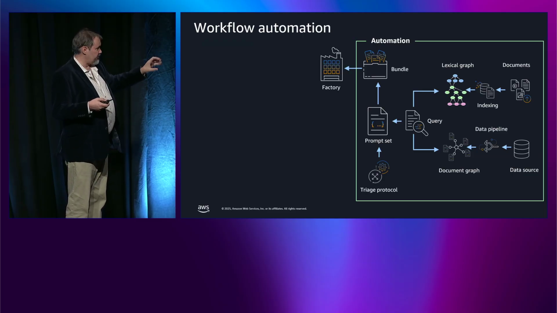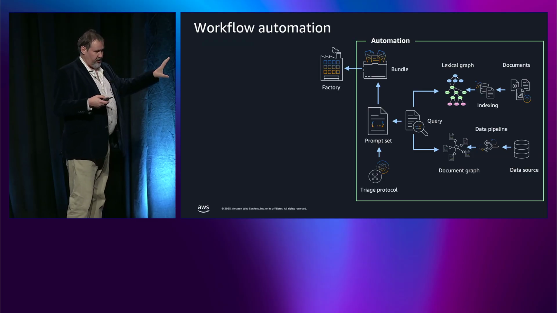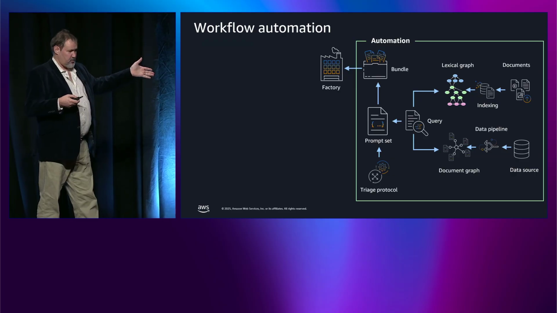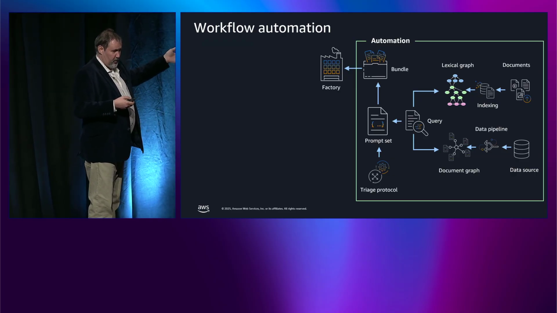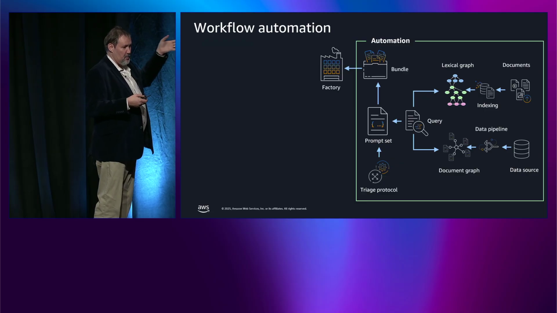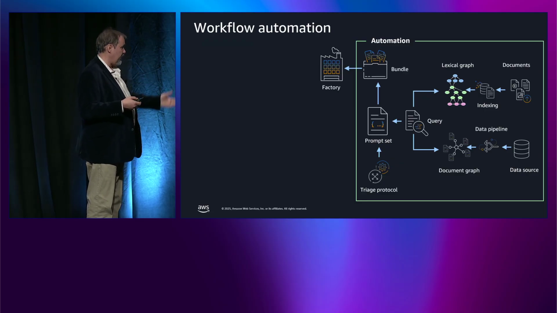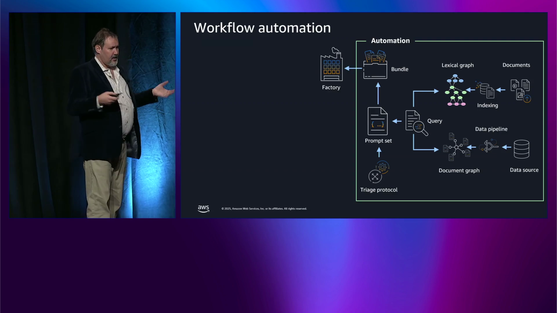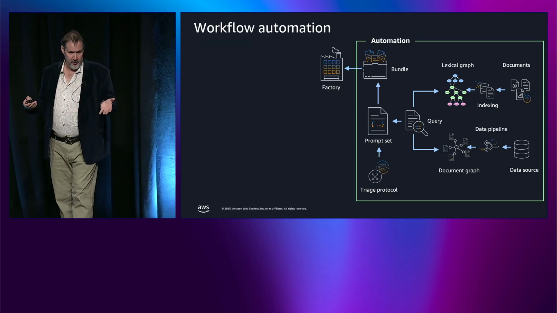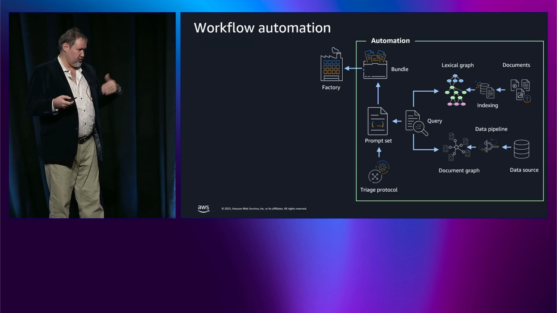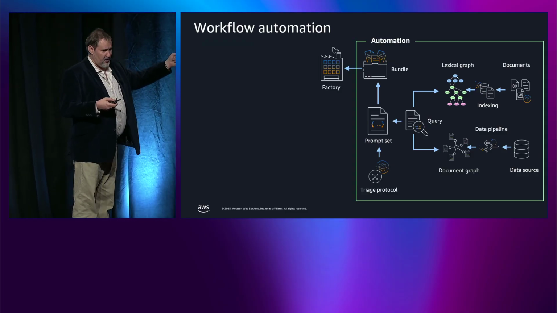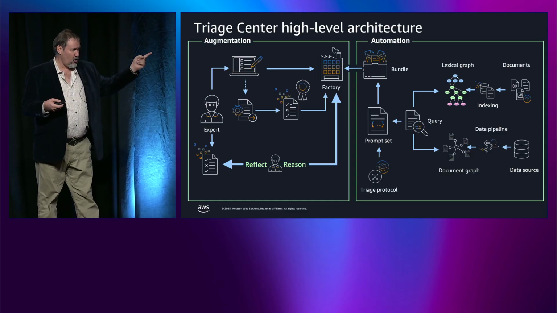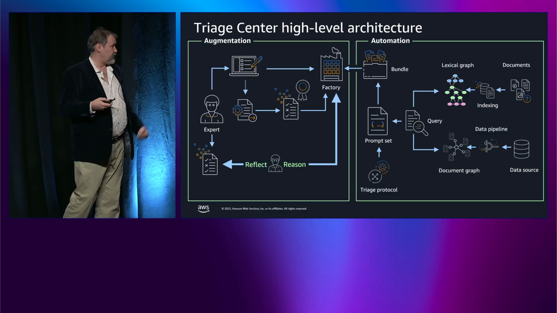Behind it, encapsulated and shielded, is the process where we have the triage protocol, that's agentic AI, and the prompt set that we can curate for that specific mining of your short-term memory. There's the document graph, which captures your experience from the particular tools, maybe the signal or the log file coming in, but we also always bring back the lexical graph because we always have to bring back our long-term experience, because it's an iterative loop.